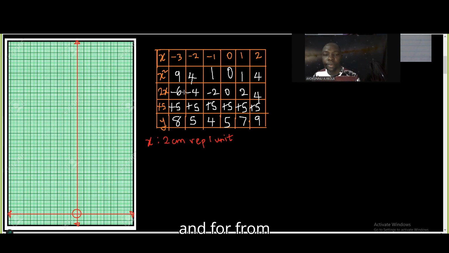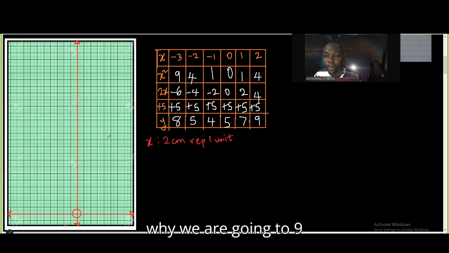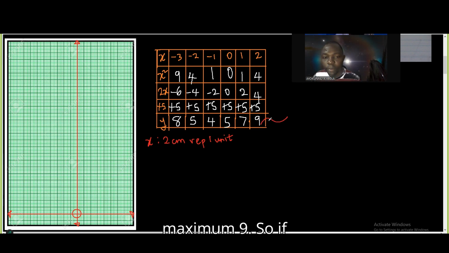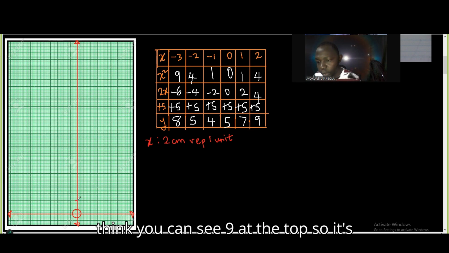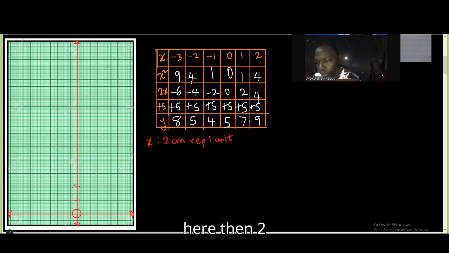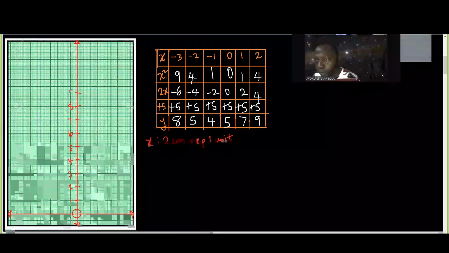And for y, we are going to 9, maximum 9. So if we say 2 centimeters represent 1 unit, I think we can still count 9 at the top. So it's going to be 1 here, then 2, 3, 4, 5, 6, 7, 8, and finally 9.